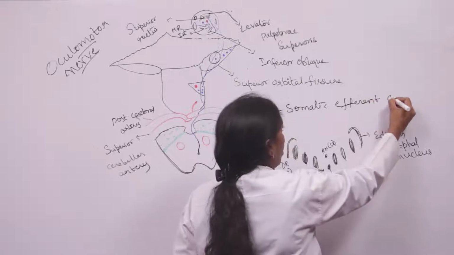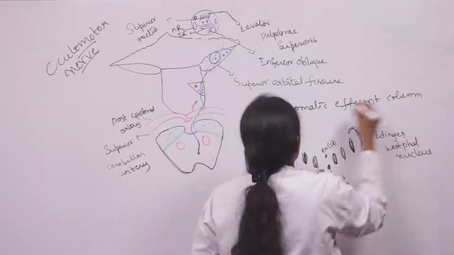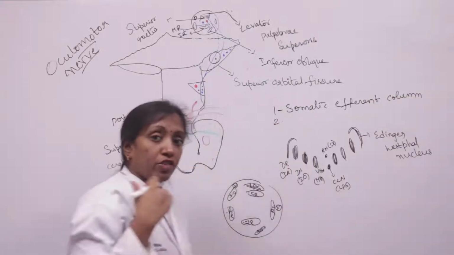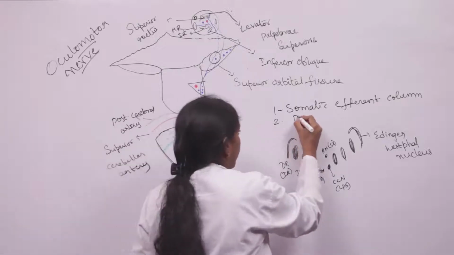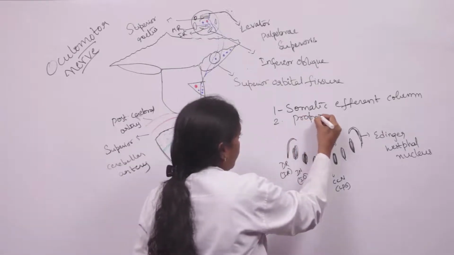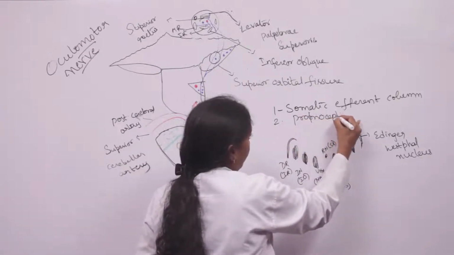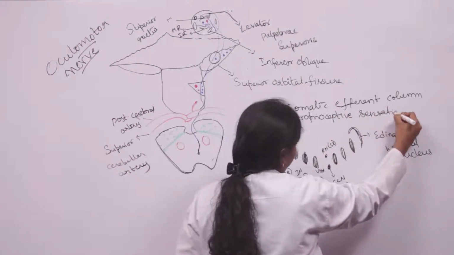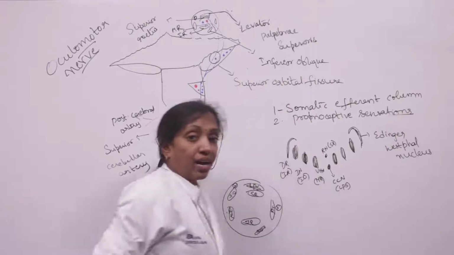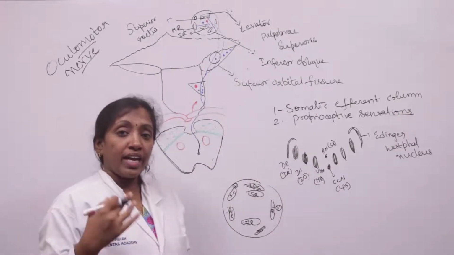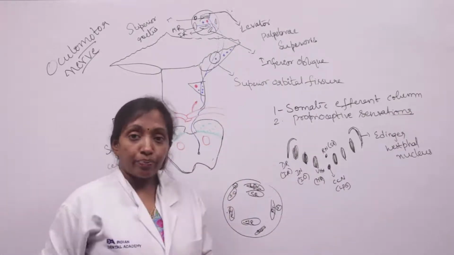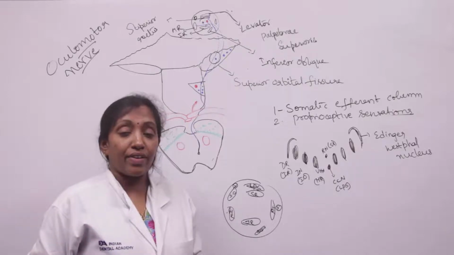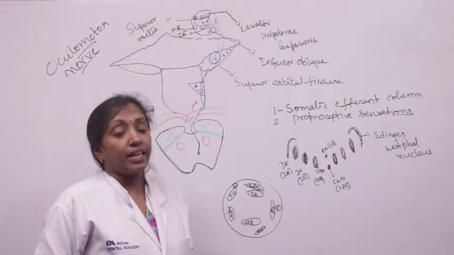The next one is proprioceptive sensations. The proprioceptive sensations from the muscles of the eyeball are carried to the mesencephalic nucleus, which is like the trigeminal ganglion.